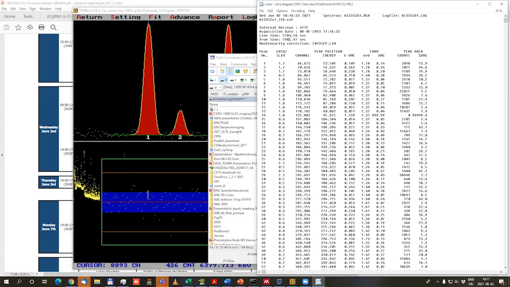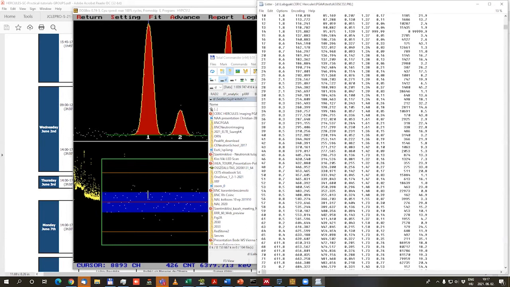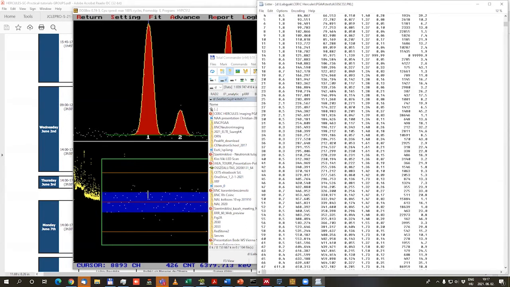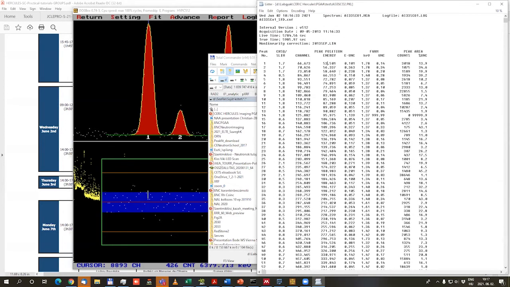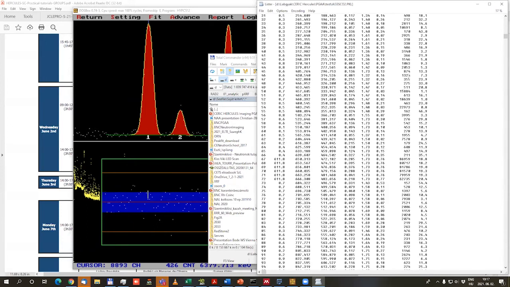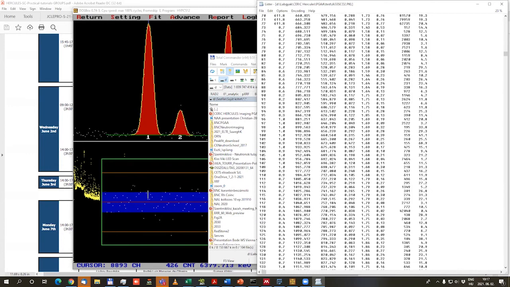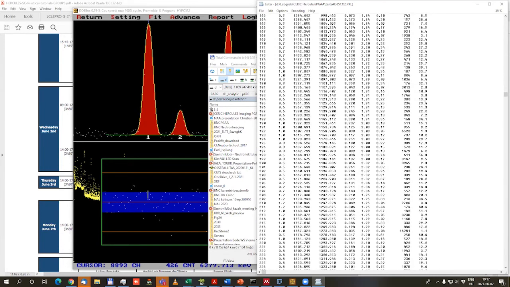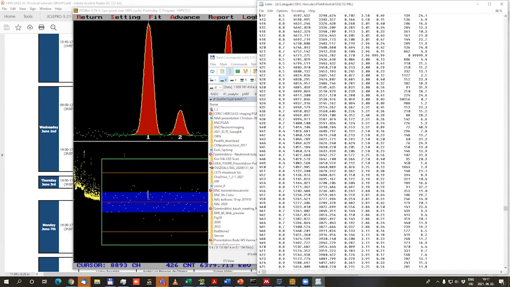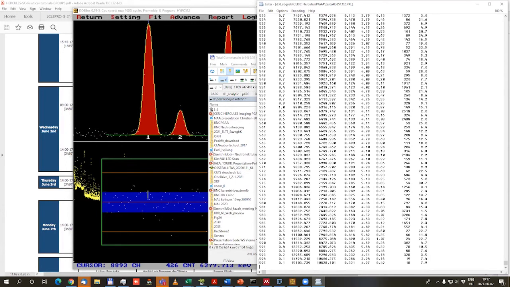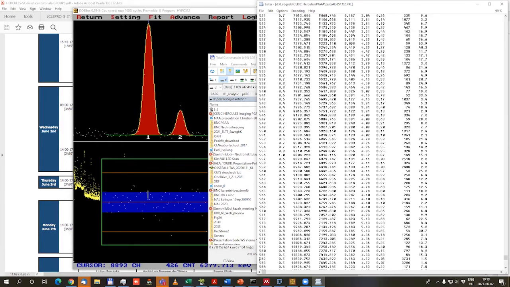And then we have this table where we have the positions of all peaks in units of channels and also in energies. And here are the peak areas and the corresponding statistical uncertainties. But as you see, we fitted almost 600 of such peaks in our spectrum.